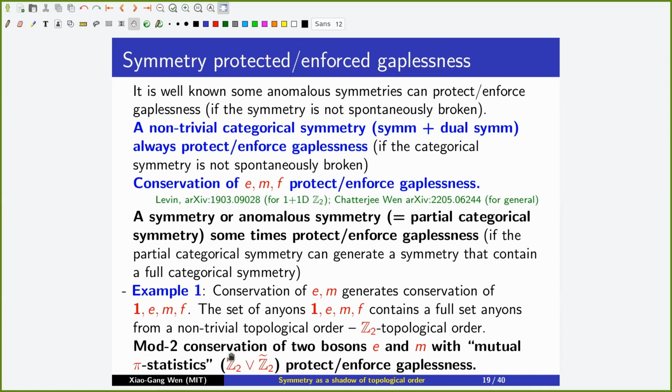Without it, with just a Z2 times Z2 conservation, you don't enforce gaplessness. You could have symmetric gapped states with both Z2 conserved and symmetric. However, when you have two unbroken Z2 symmetries with non-trivial mutual statistics, then it does enforce gaplessness. And we understand this because E and M are enough to generate everything.